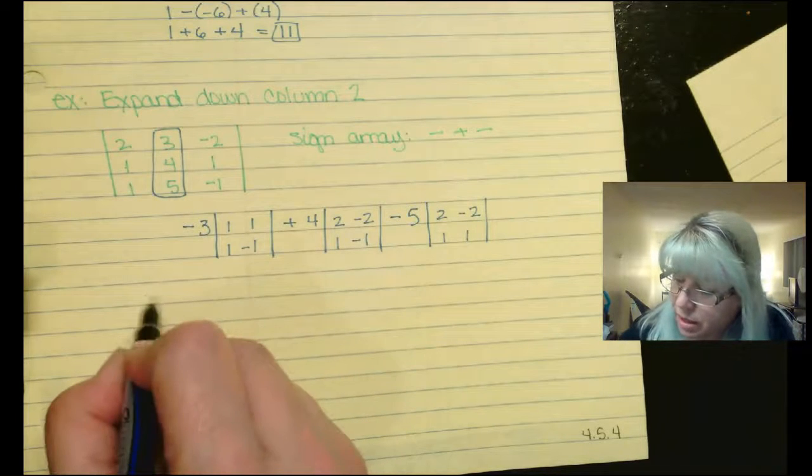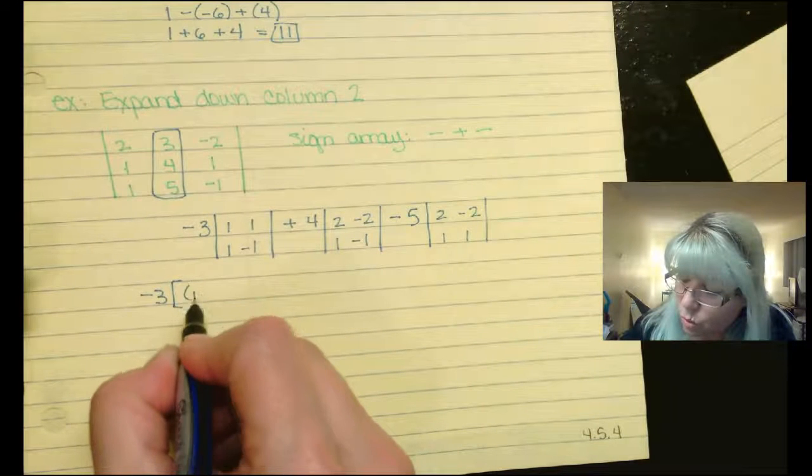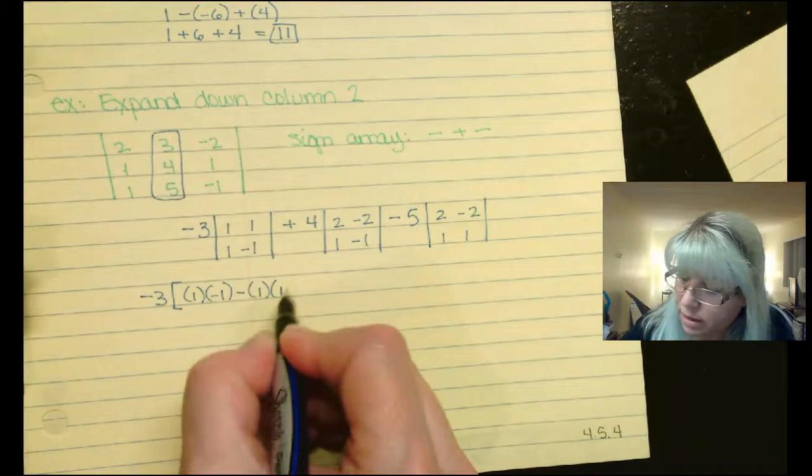All right. Negative 3 times diagonal 1 times negative 1, subtract 1 times 1.